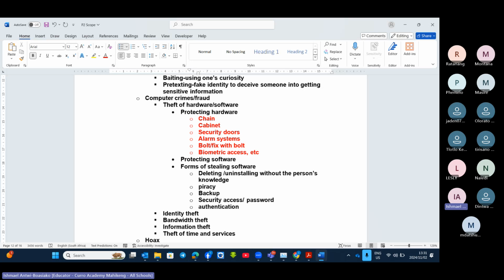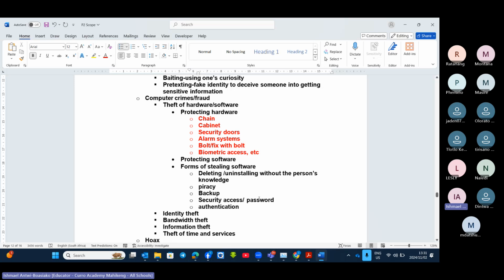So when you get a question that says list maybe 2 or 3 ways of stealing information or software, you don't only have to think about piracy. There are several ways. That means you are denying someone to use his or her software or denying somebody of his information.